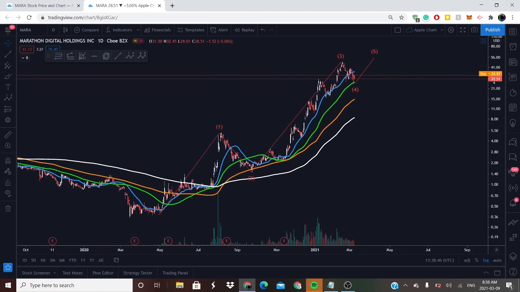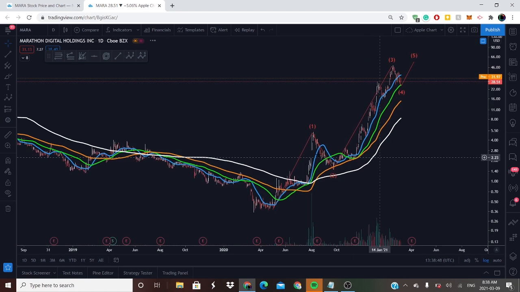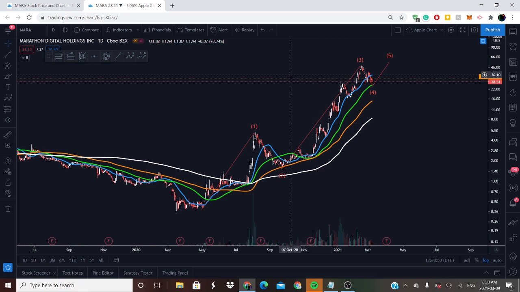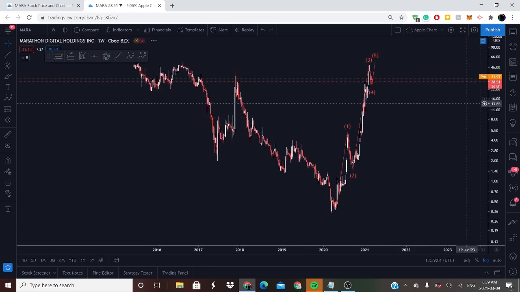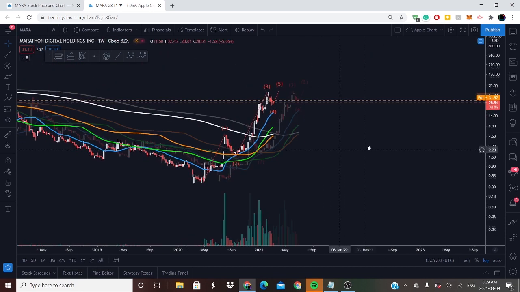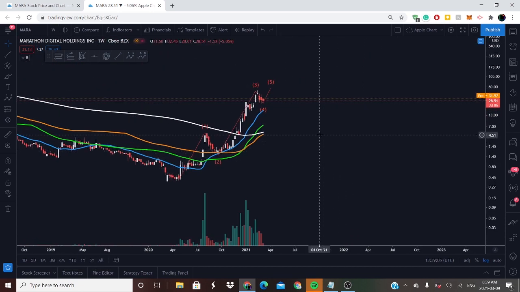Each Elliott wave has Elliott waves inside of Elliott waves. Once you start learning this technique, you realize everything is built of Elliott waves. If we move to the weekly, this is what I'm showing you; I was just on the daily.